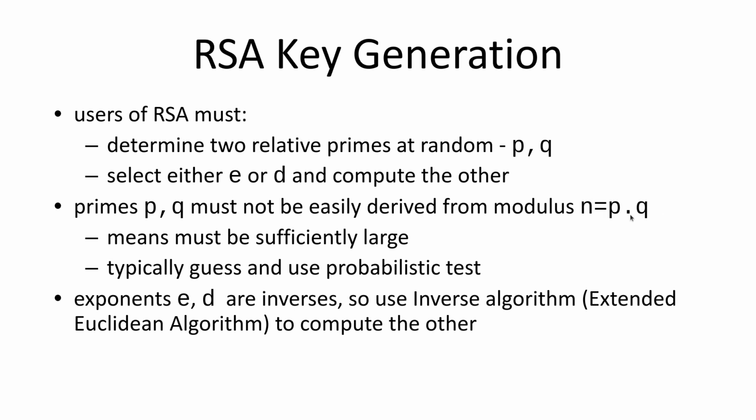Okay. Primes p and q should not be easily derived from n. That's why large primes are always used. That means it must be sufficiently large, and typically guessing and using a probabilistic test is the only thing that can be done to factorize. And guessing is not an easy task when the numbers are large. Okay. Exponents e and d are inverses.